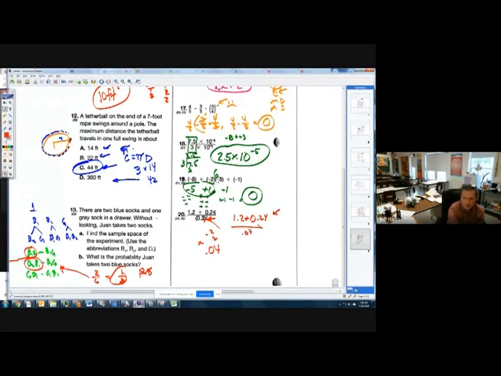And I have to add those two together, 1.2 plus 0.24. I get 1.44 divided by 0.04.